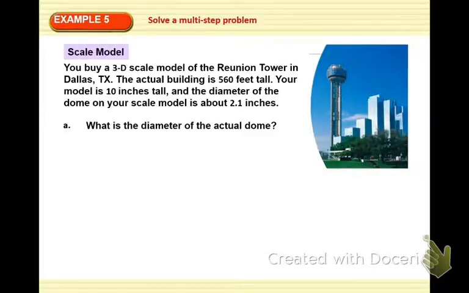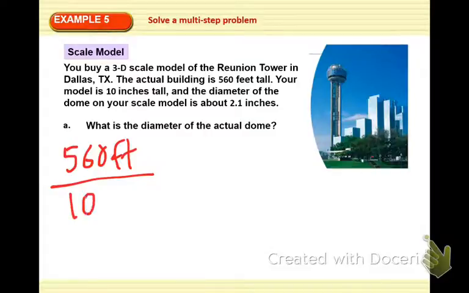So we take 560 feet over 10 inches, and we set that equal to the diameter, which is a linear distance as well, so it has the same ratio. So the diameter of the actual dome would be x feet, and the diameter on your scale model is 2.1 inches.